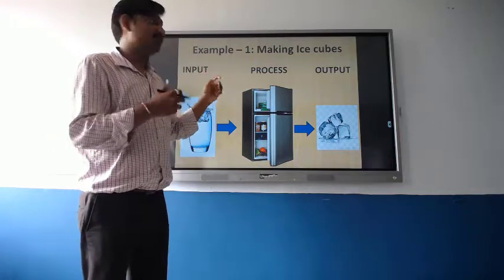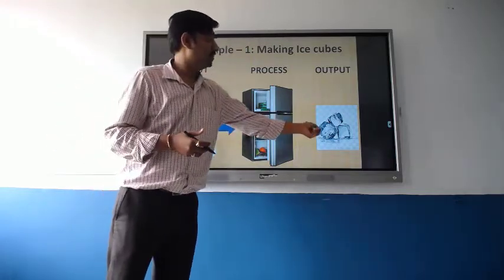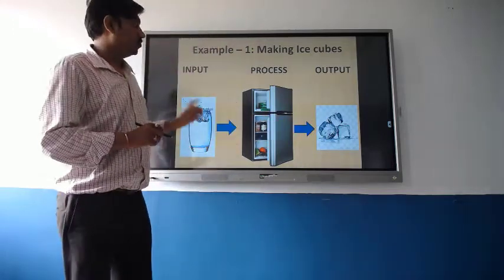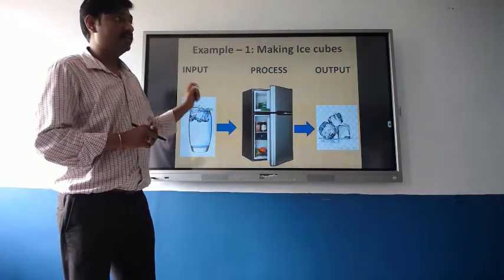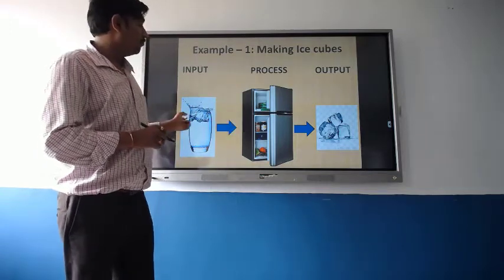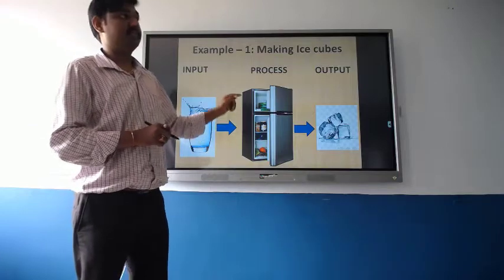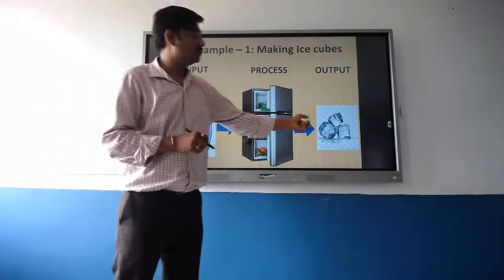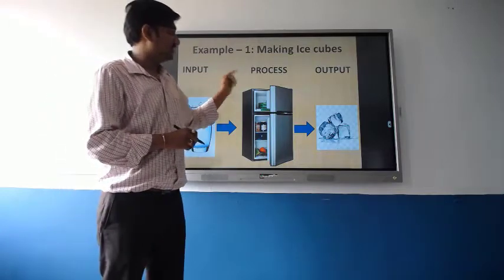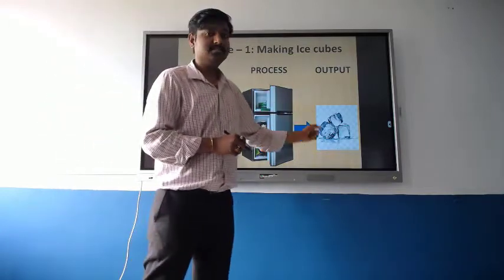After some time you get the output, that is the result, the ice cubes. So input is the data you are giving to the machine, and the machine here is the refrigerator. When you put the water into the refrigerator, after some time it processes and gives you the ice cubes. So the input is water, the process is the refrigerator and the output is ice cubes.